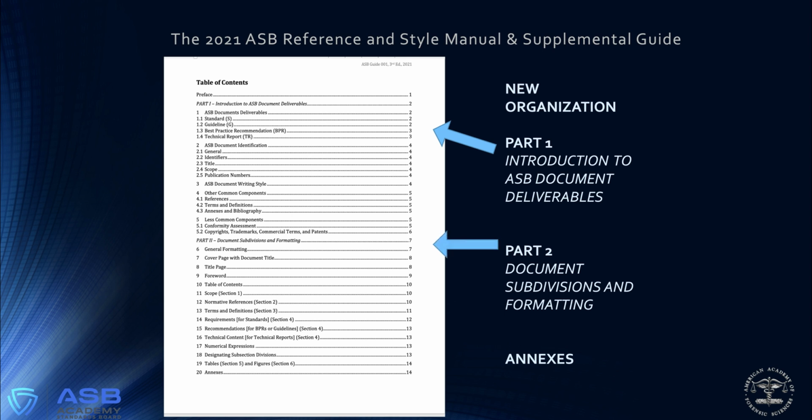Part 2 is probably more familiar to you because it describes how ASB documents are formatted in terms of divisions and subdivisions. That said, there are some new directions for elements including the foreword and the scope. A major addition to the 2021 manual is the inclusion of more annexes to help as references for you CB writers.